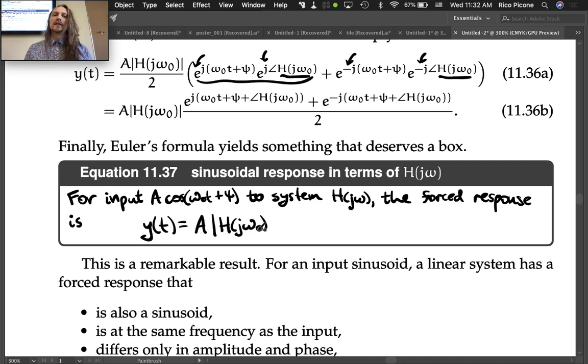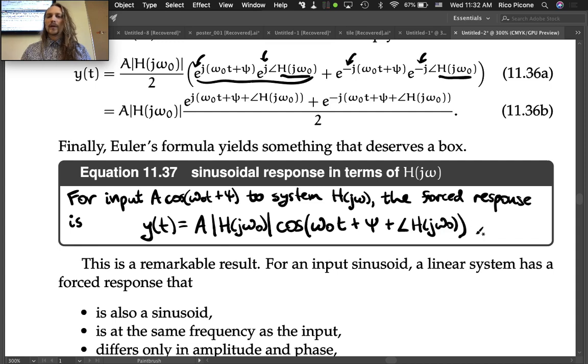Omega naught is the input frequency, times cosine, so remember all this turns into a cosine, cosine of omega naught t plus the original phase, so the input phase, plus the phase from the frequency response function evaluated at the input frequency.